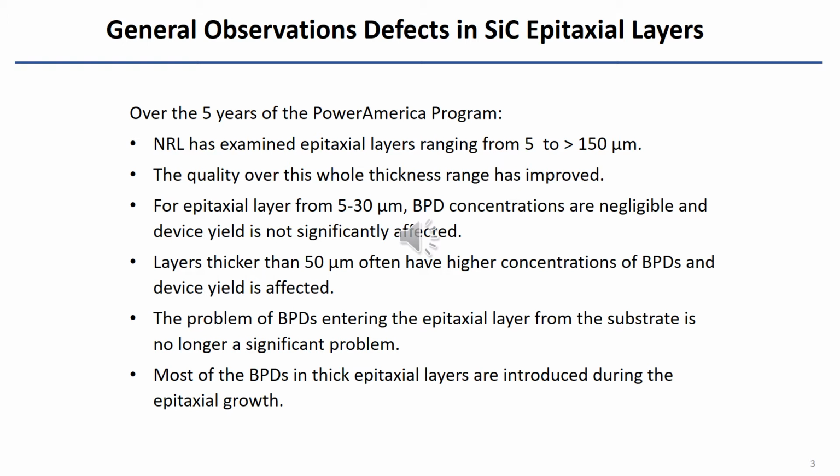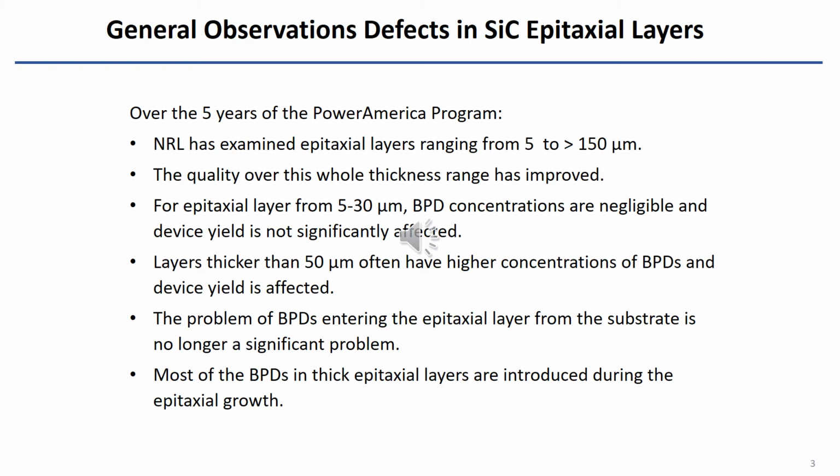For thinner epitaxial layers, say 5 to 30 microns, the BPD concentrations are negligible and device yield is not significantly affected. Once you get to thicker layers, say over 50 microns, there often is a higher concentration of BPDs, and in that case, yield is affected.